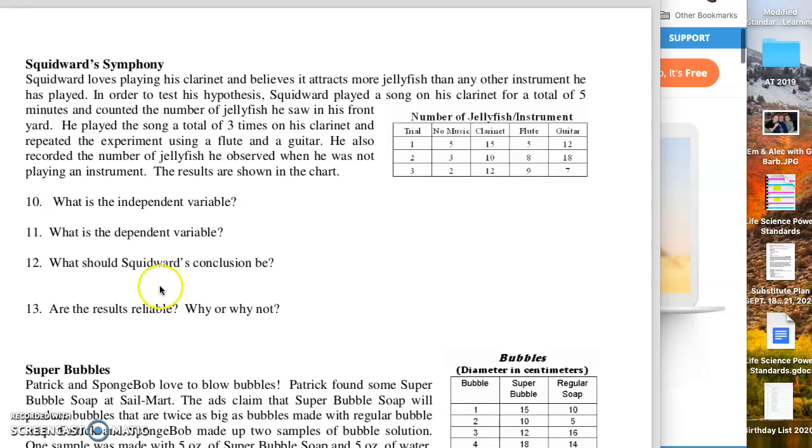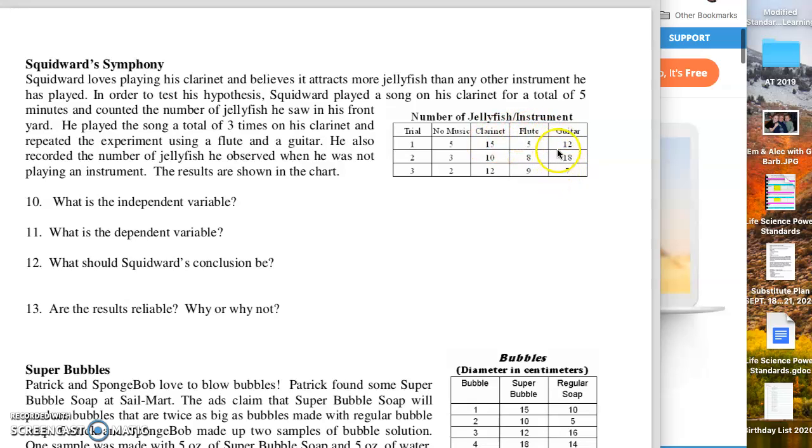So over in the chart you see trial 1, 2, and 3 with no music, trial 1, 2, and 3 with the clarinet, trial 1, 2, 3 with the flute, and trial 1, 2, 3 with the guitar. And you can kind of see that if I first looked at the clarinet, it looks like it's way better than the flute.